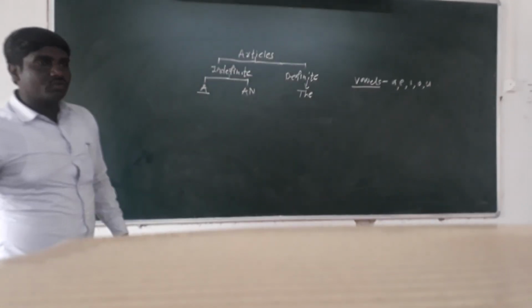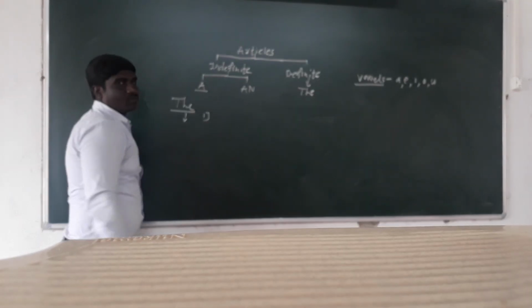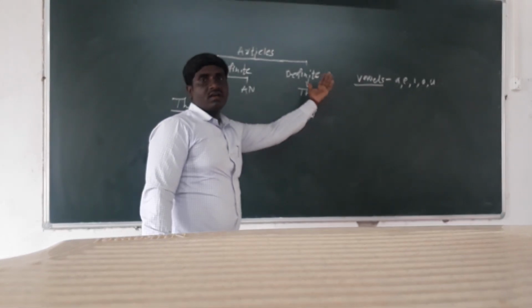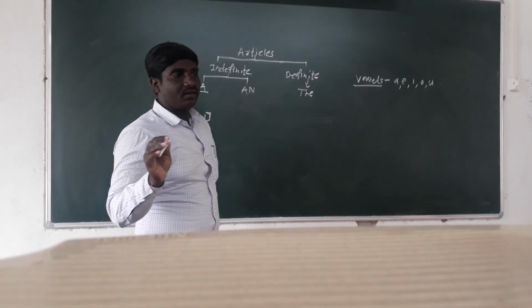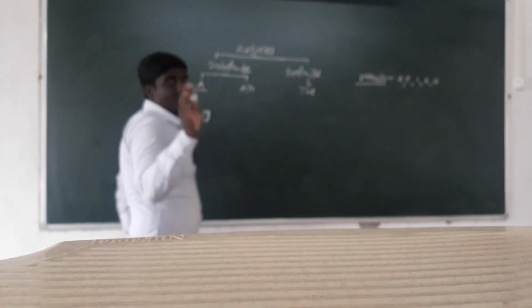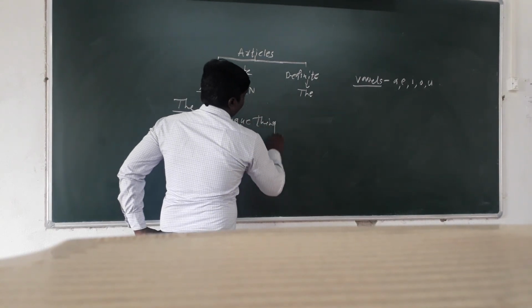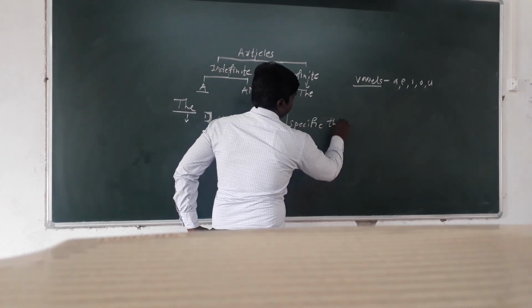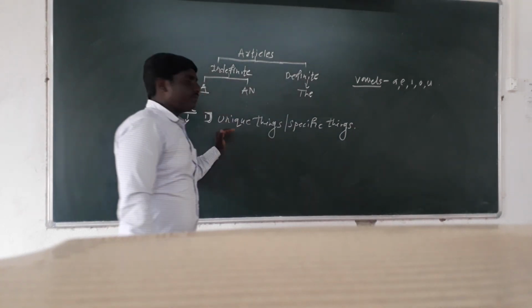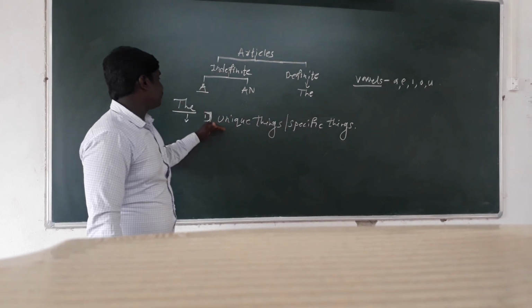And now let's move to the article "the". So we have some rules and regulations while using the article "the". First of all, we will use the article when unique things or specific things are mentioned.